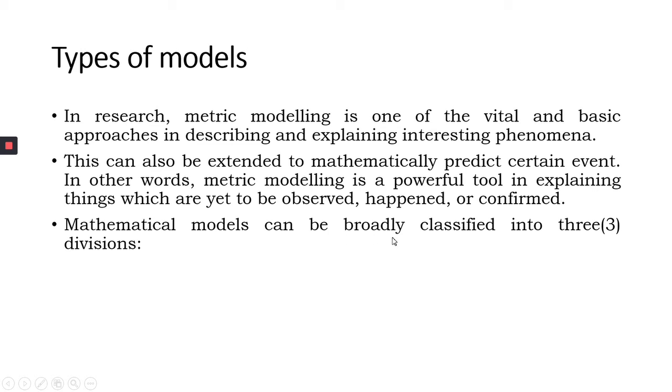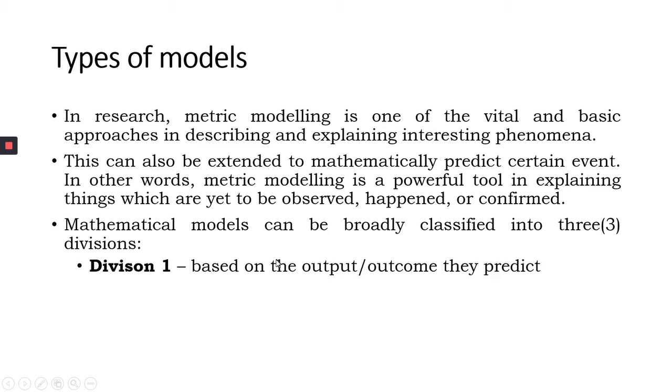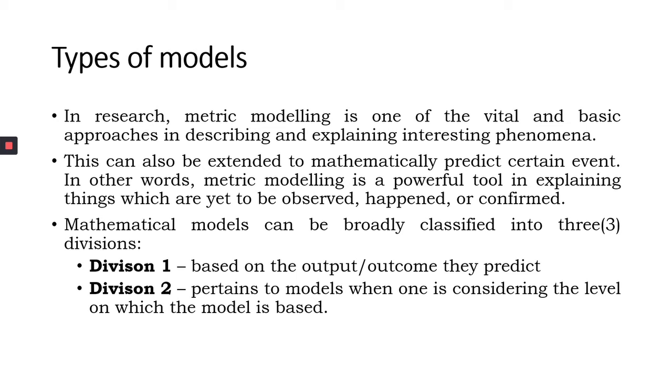Mathematical models can be broadly classified into 3 divisions. For the first division, it is based on the output or outcome they predict. For the second division, it pertains to models when one is considering the level on which the model is based. And then the third division is the simulation model.